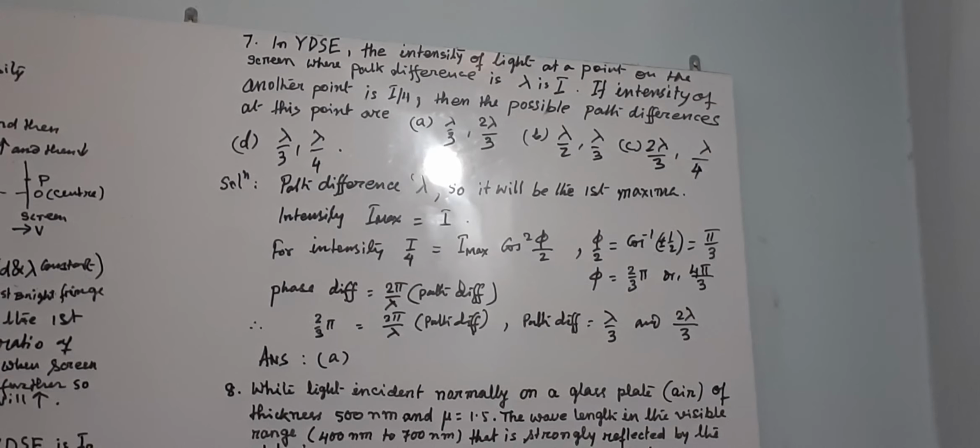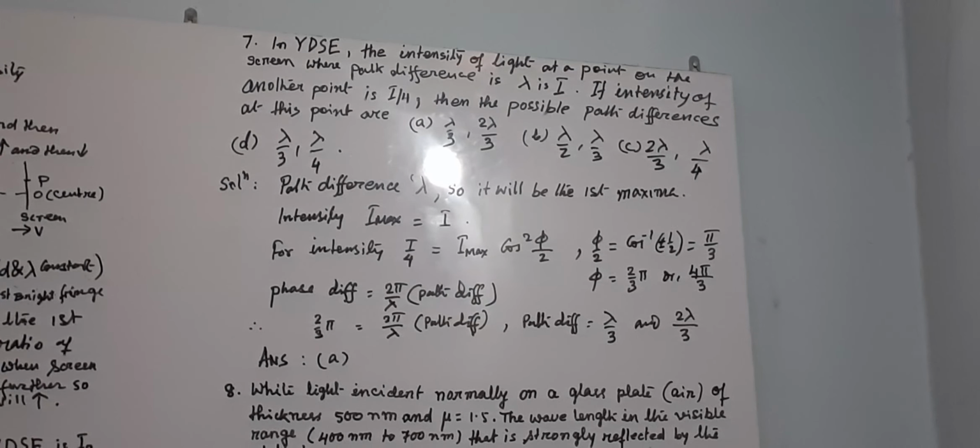Now in the solution, path difference is lambda, so it will be the first maxima, and I max will be I. Now for the second, as it is given that intensity is I by 4, which will be I max cos square phi by 2, and phi by 2 will come from cos inverse plus minus half, that means pi by 3 or 2 pi by 3, so phi will be 2 pi by 3 or 4 pi by 3.